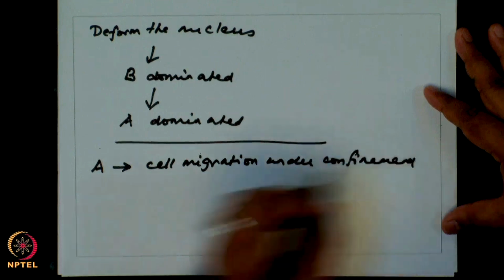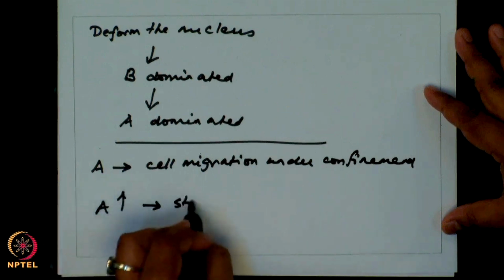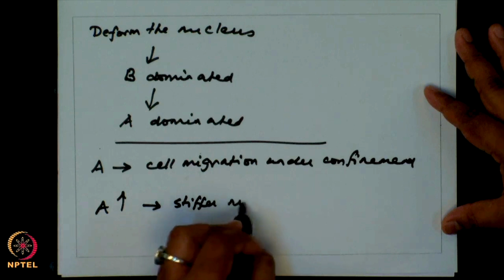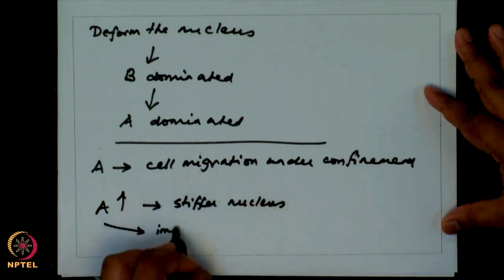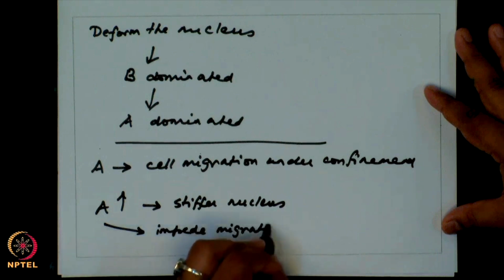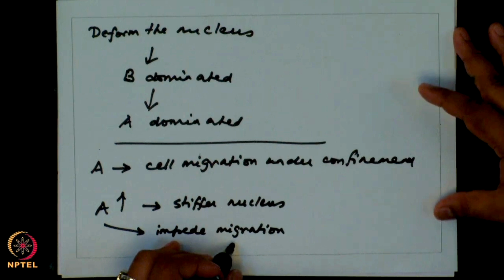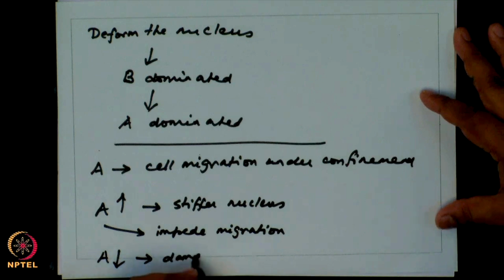Since high levels of A lead to a stiffer nucleus, high levels of A actually impede migration. By migration I mean confined migration. But if you have A too low, then you might have damage to the nucleus.